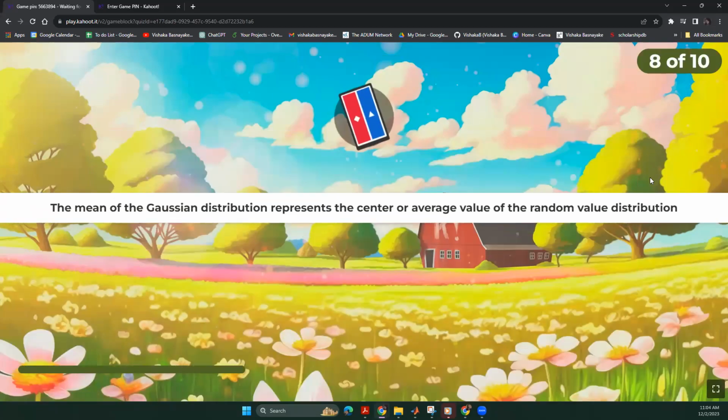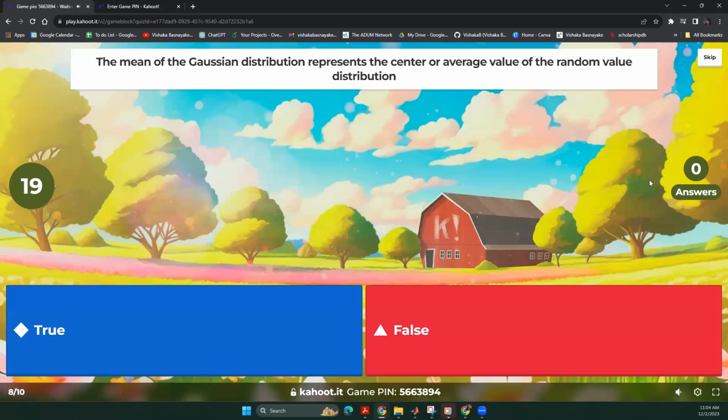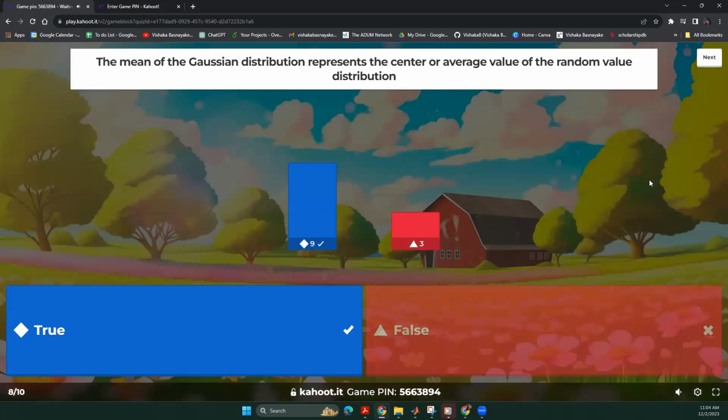The mean of the Gaussian distribution represents the center or average value of the random variable distribution. Is this true or false? I think this is a pretty easy question.